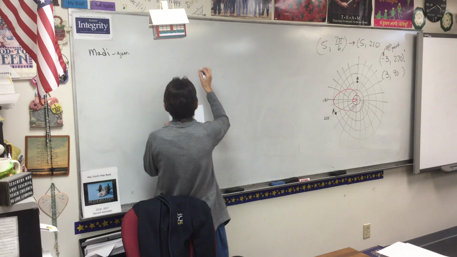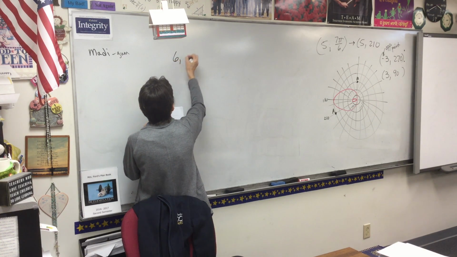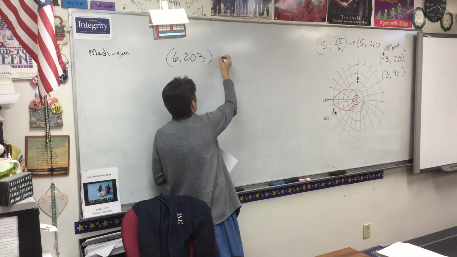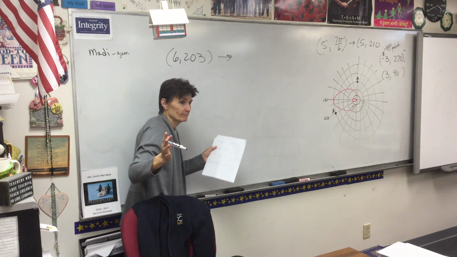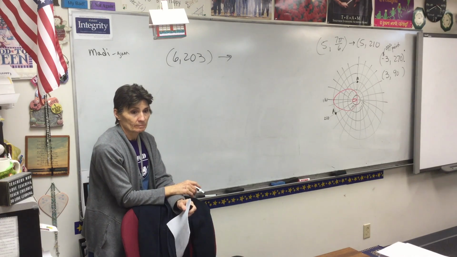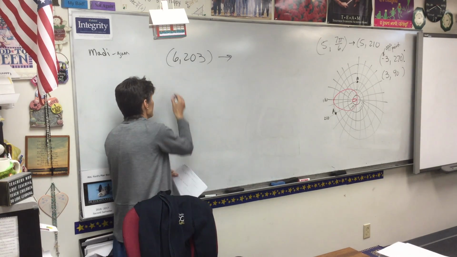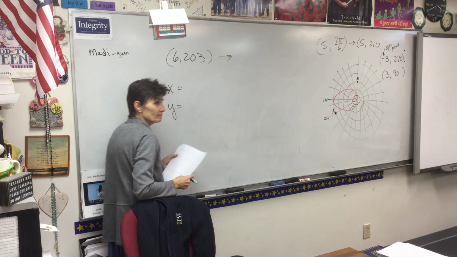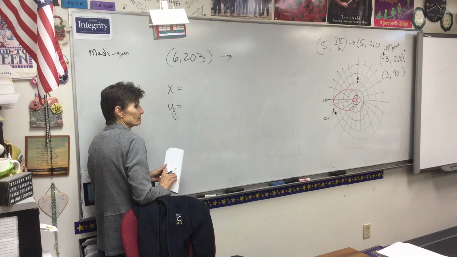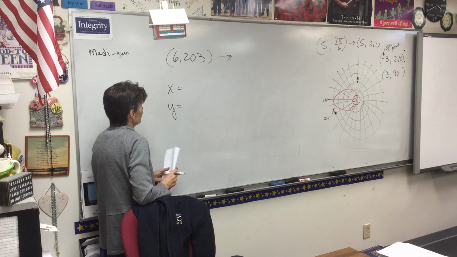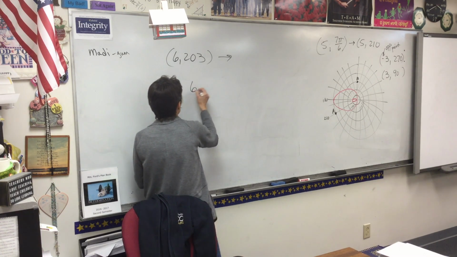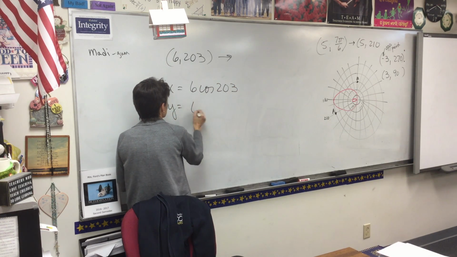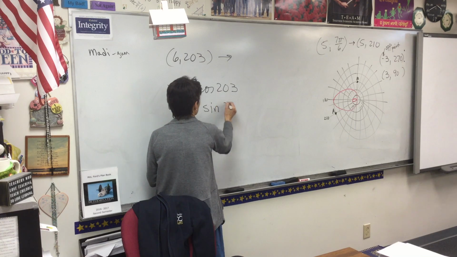Number 1, convert to rectangular coordinates. What am I doing? X and Y, thank you. And how do I find X and Y? X equals R cosine theta, and Y equals R sine theta.